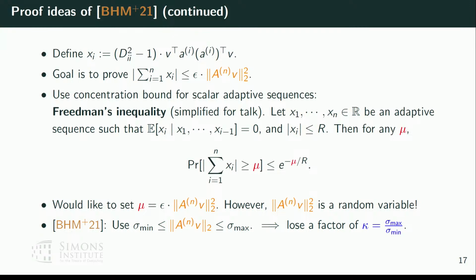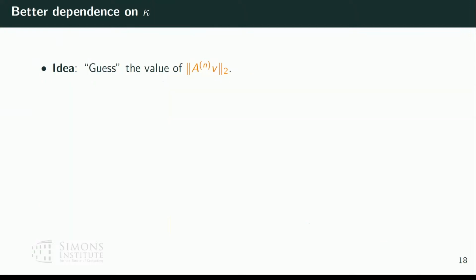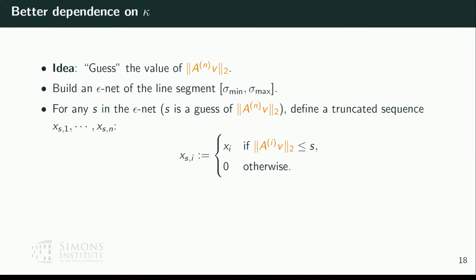What they showed in their paper is that they just use a naive bound to bound this by the singular values, and that's why they lose a kappa factor. What we show is similar to what I described for the matrix case: we also guess what this random variable is. By guess, more concretely, we mean we build an epsilon net over a line segment that includes all the possible values, so it's the range of this norm.